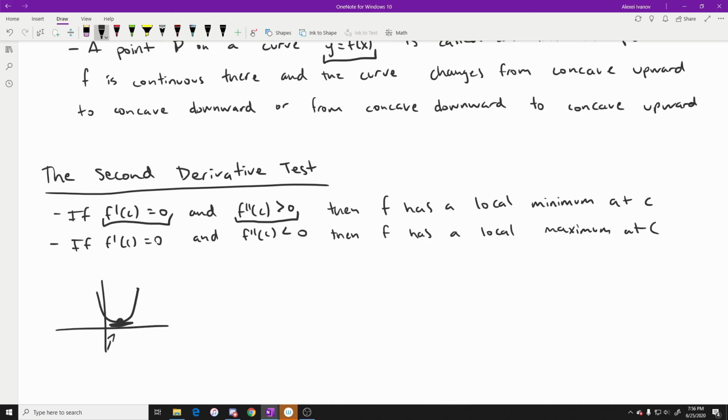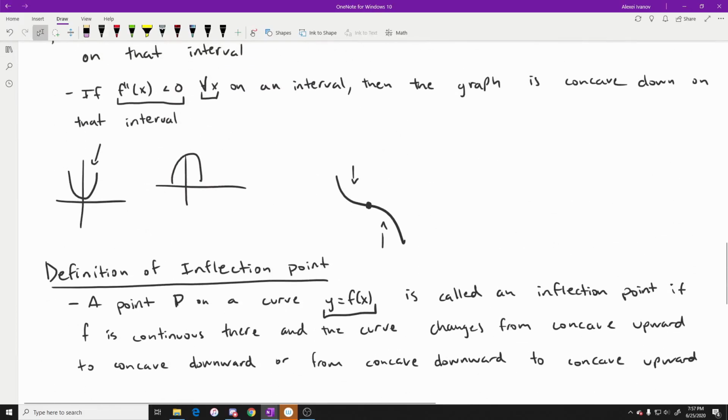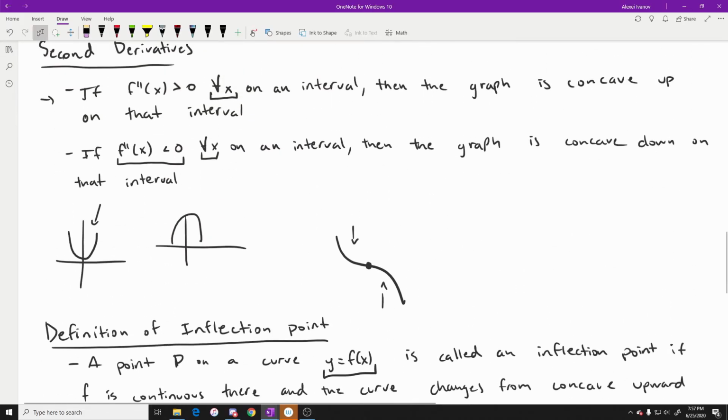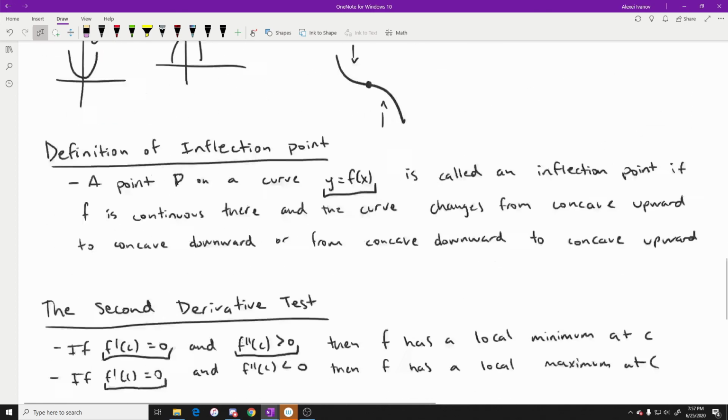And likewise for this last point, if, again, we're at a critical point, meaning f prime at c is equal to 0, and f double prime at c is less than 0, then f has a local maximum at c. And the reason for this is quite similar. If we remember from the definition here, if f double prime at x is less than 0, then the graph is concave down.